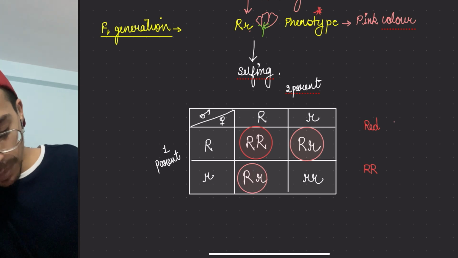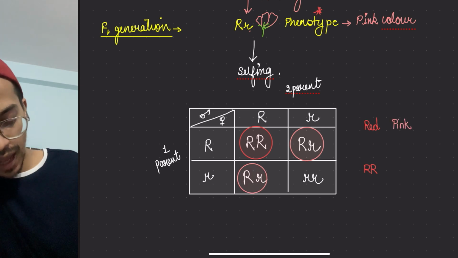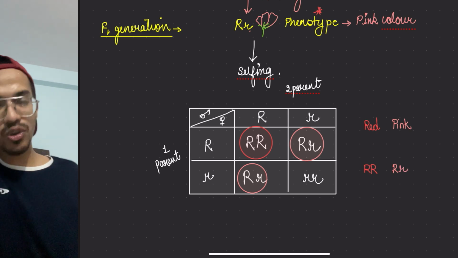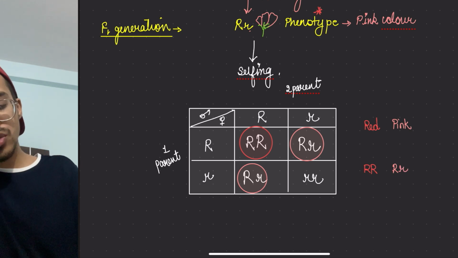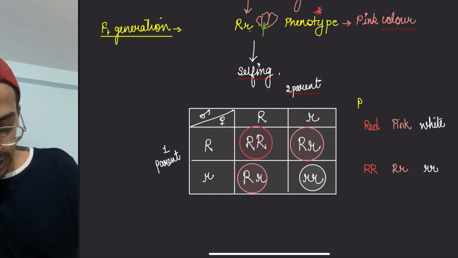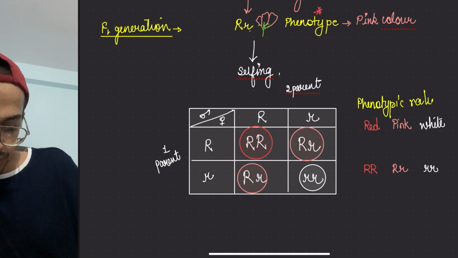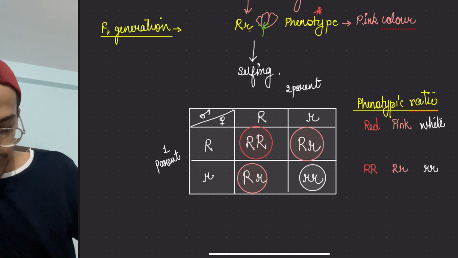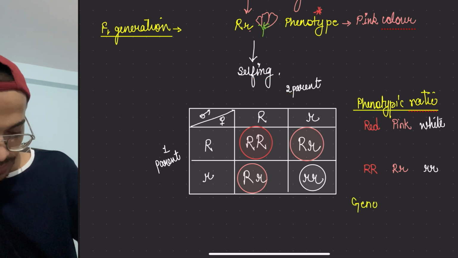So there will be pink color flowers, and its genotype would be this. And the last one would be small r, means white color phenotype plant. So if I have to write it, this is the phenotypic ratio. This one is the genotypic ratio.